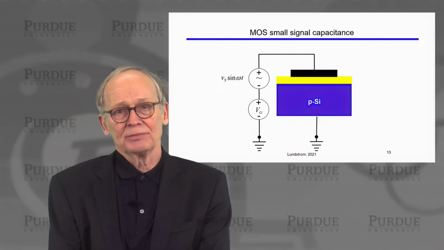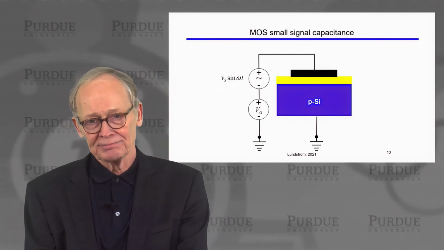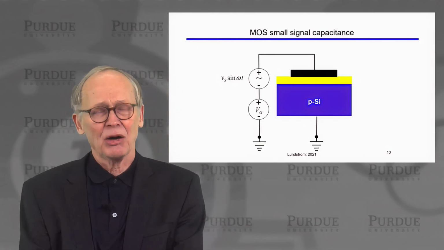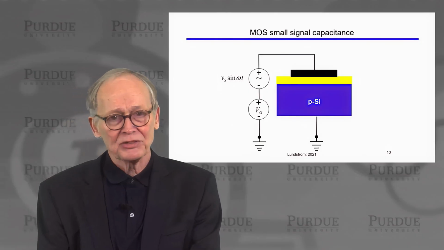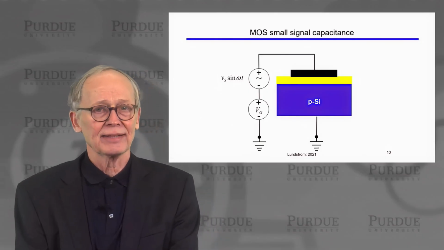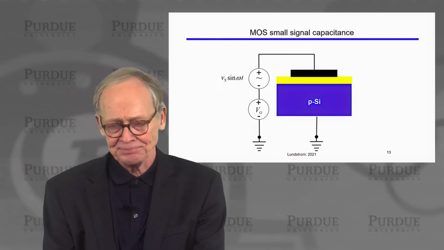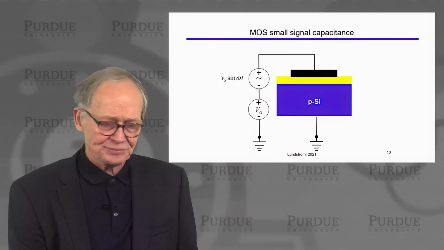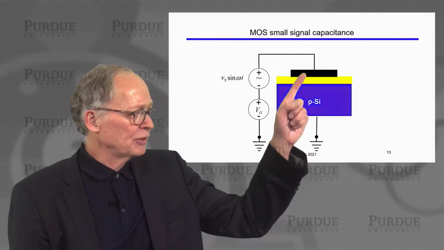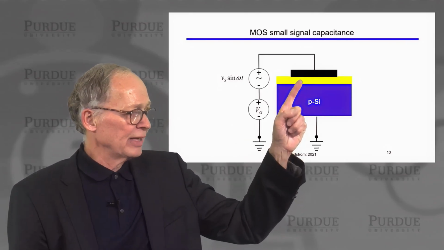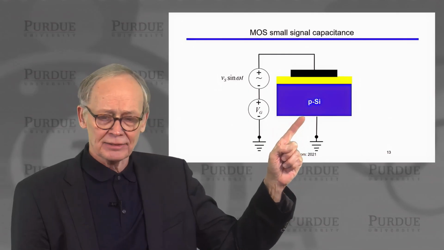We also talked about capacitance versus voltage measurements, because this is a powerful tool for probing MOS structures and understanding physical things about them. So in this case, we have an MOS capacitor: a metal gate, an insulating layer, and a semiconductor.